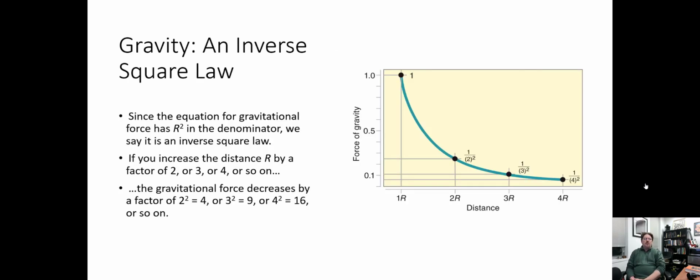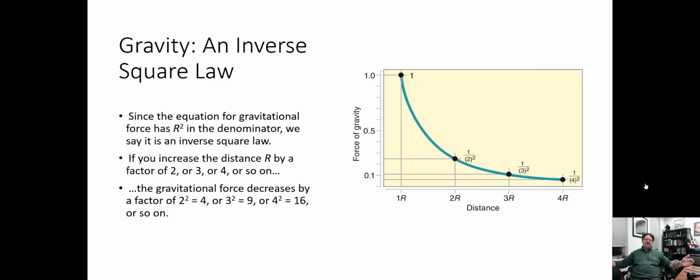And so gravity is what we classically refer to as an inverse square law. As I was saying, the larger the distance, the steeper the function. Or more specifically, you square the distance, and that is the decrease or increase in force. So if you were to double the distance, the force decreases by a fourth.